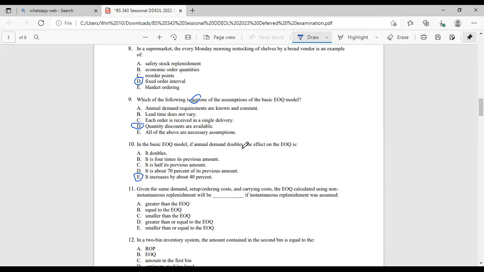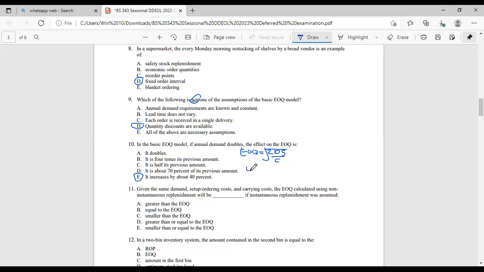What we mean is that our EOQ in inventory, if we have an example, because the formula for EOQ is given by this.